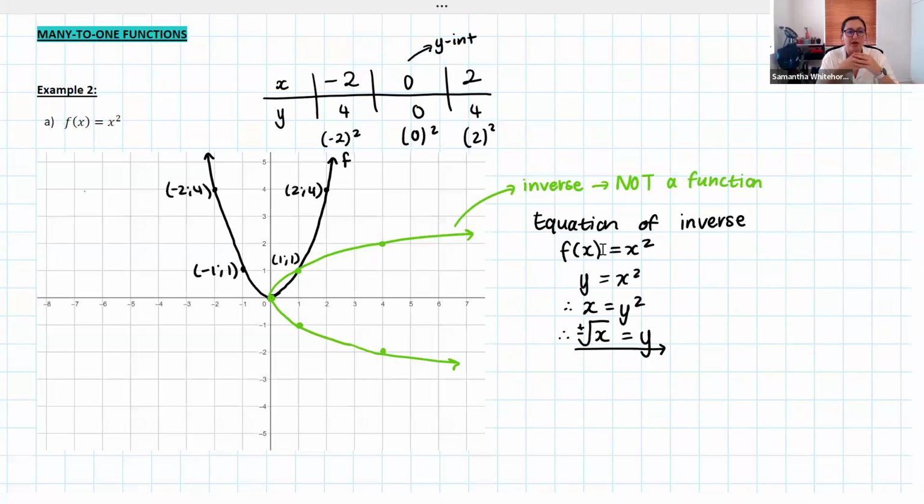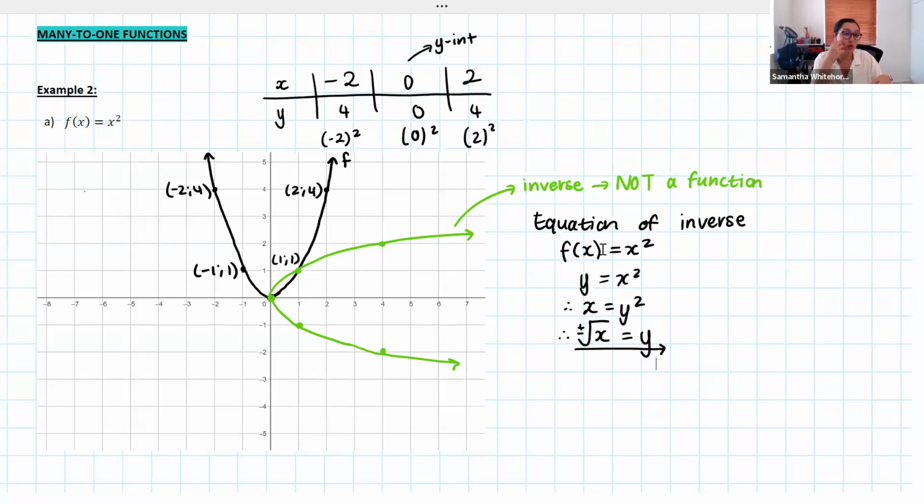Like I say, the one-to-one function is easy. If you have a one-to-one function, your inverse is going to be a function. We're not creating a situation where there's a curve that could potentially go back on itself, like the parabola here, and create the situation where the vertical line test fails. When we come to the many-to-one functions, as we have here, this is where we have the issue of my inverse not being a function.